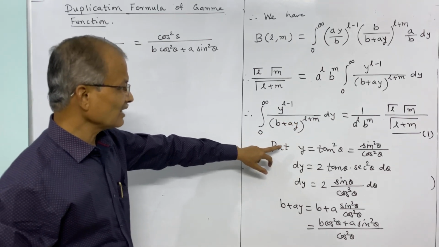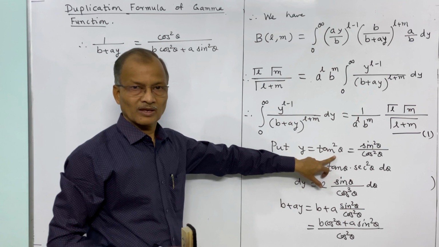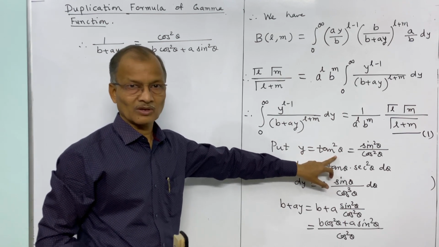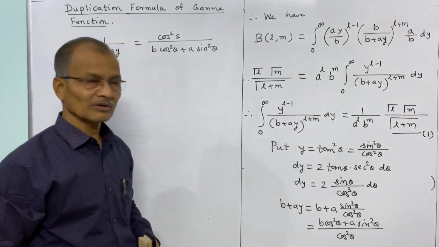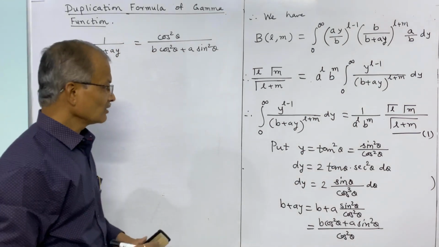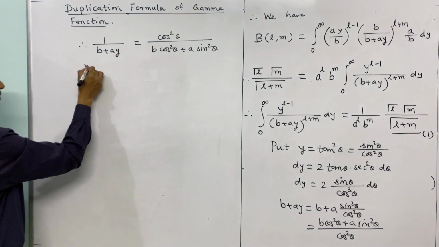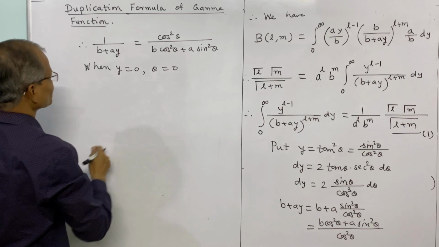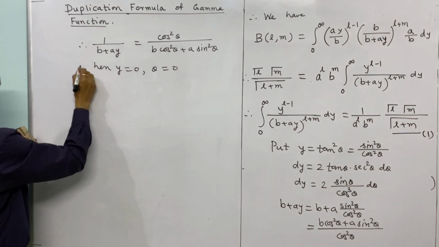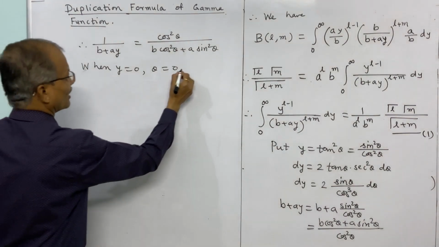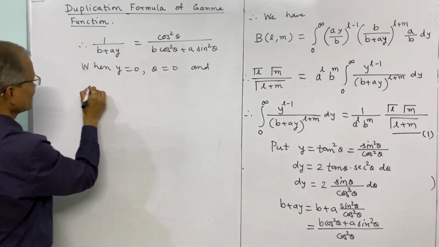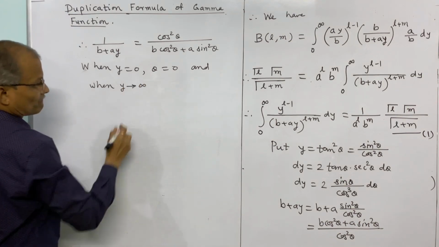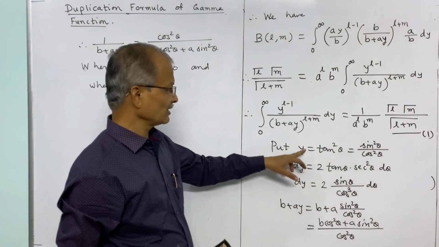When y is 0, what about theta? Tan square theta is 0, and that means tan theta is 0. And when tan theta is 0, theta is equal to 0. So therefore, when y is 0, theta is 0. And when y tends to infinity, the upper limit is infinity.